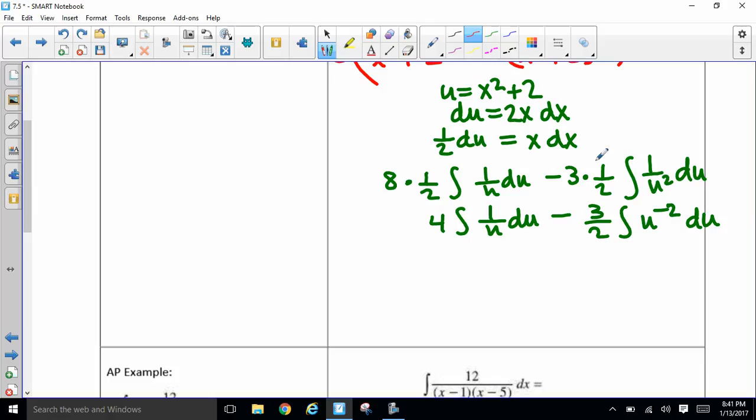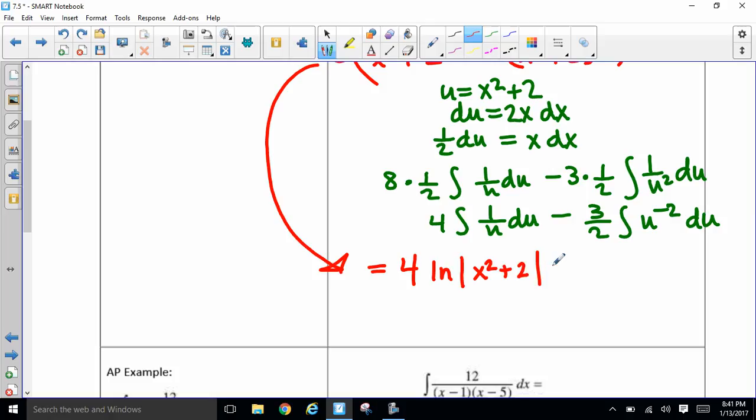This integral is equal to, not integral anymore, it's just equal to 4 times natural log absolute value of u, so x squared plus 2, and then minus 3 halves times u to the negative 1, so that would be x squared plus 2 to the negative 1 over negative 1, and then plus c.